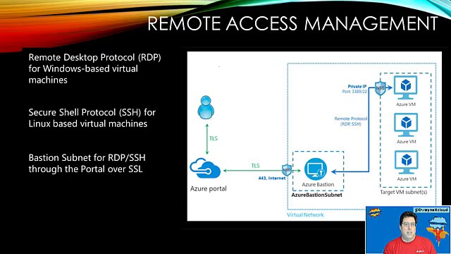There are a couple of different ways to protect against that. We'll talk about just-in-time virtual machine access in a moment. There's also the Bastion host capability within the Azure environment that has become popular over the last 6 months or so, as it came out of public preview and went general availability.